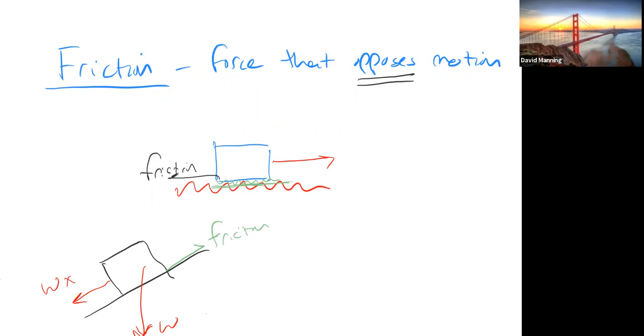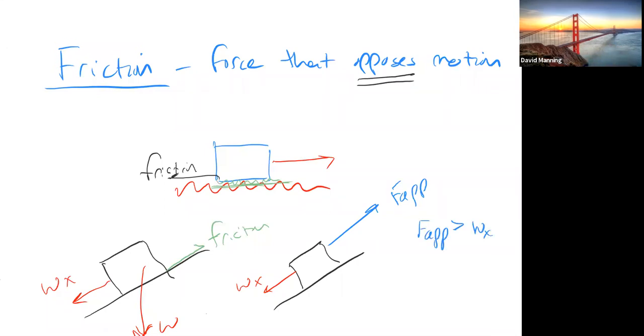Now if you have that same situation, and we have Wx, but this time you're applying a force, and F applied is greater than Wx, then friction is down the plane. So it depends on which way it's moving. If it's moving down, like over here on the left, friction would be up. If it's moving up, then friction is down. So it always is in the opposite direction of motion.